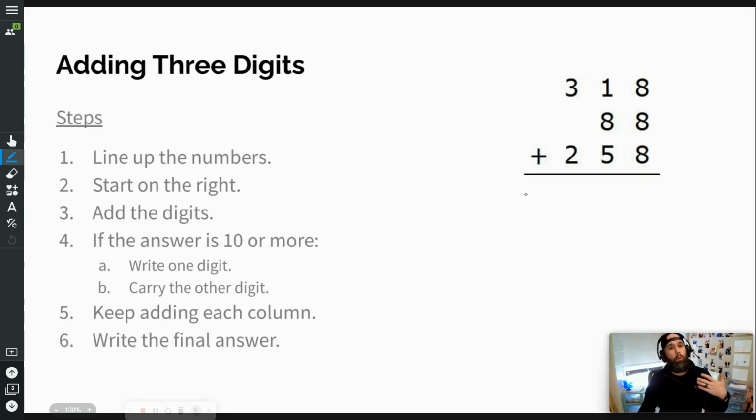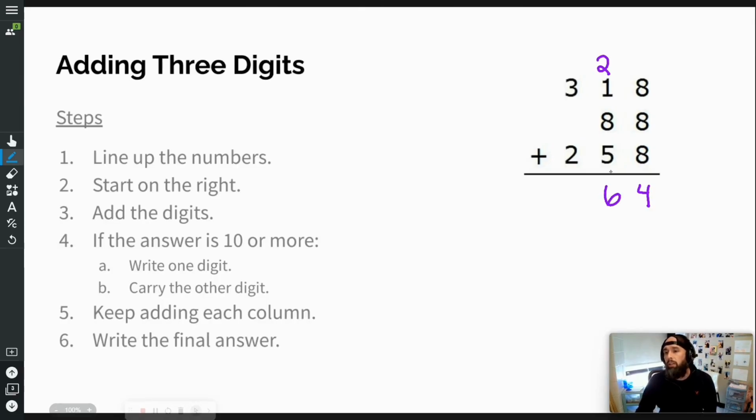So, let's slow this down. Let's do it one step at a time. Go to the top right, and remember the numbers along the way as you do the math. 8 plus 8 is 16. 16 plus 8 is 24. Write out your 4, carry the 2. 2 plus 1 is 3. 3 plus 8 is 11. 11 plus 5 is 16.